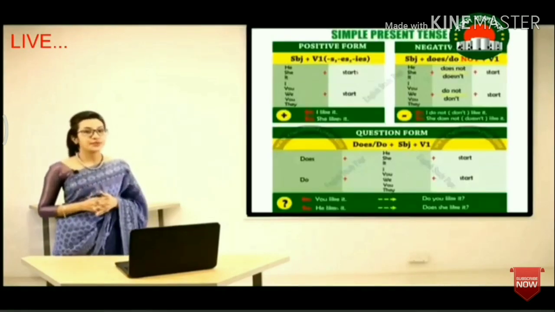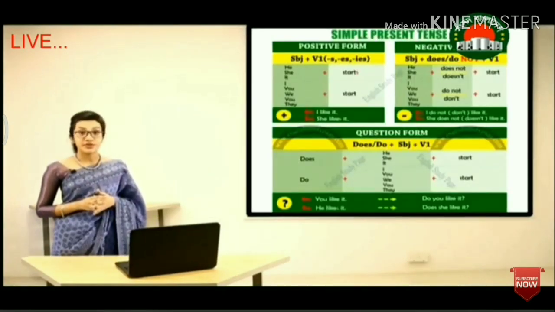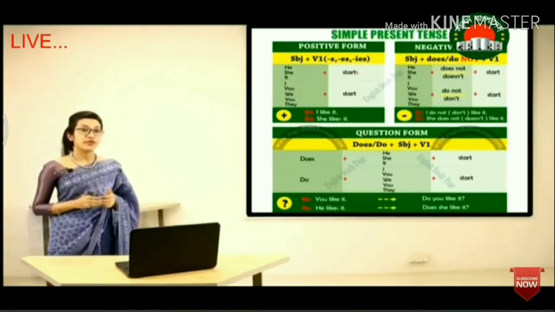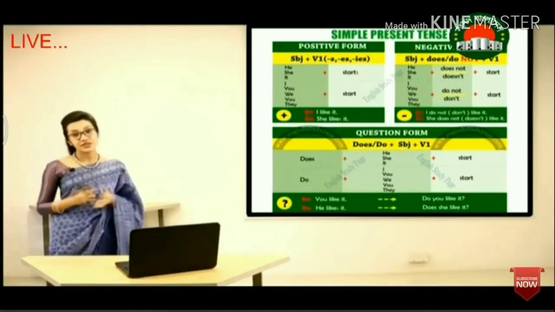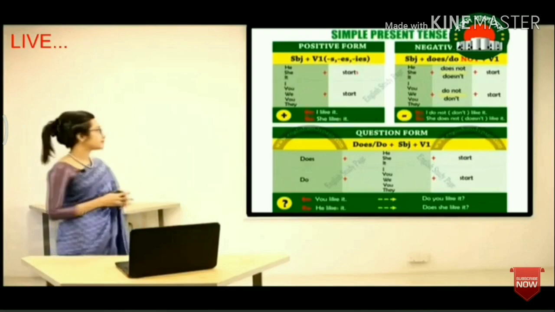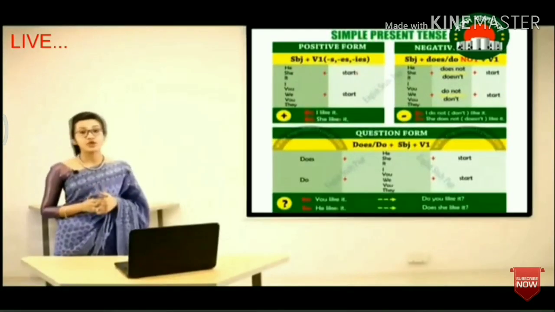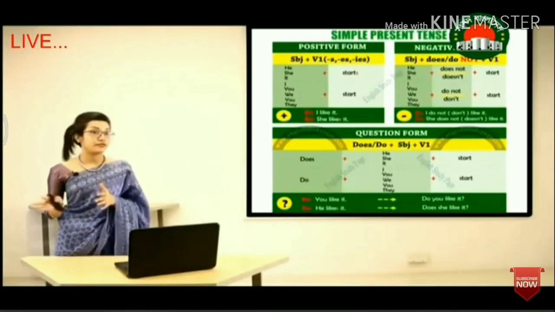Now let's see what the structure is going to be if we are using an action verb. In case of an affirmative sentence, if you are going to use an action verb, the sentence is going to start with the subject. For example, in positive form, you can see that the structure is given as subject plus V1. That means after the subject, we are using the present form of the verb.